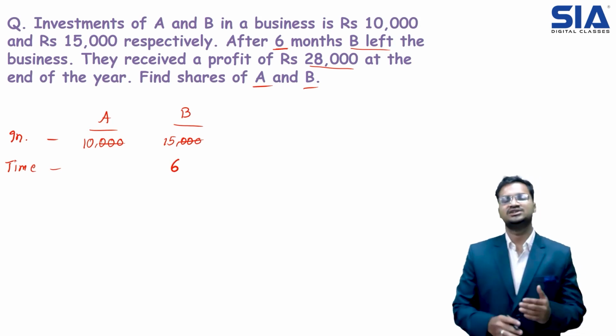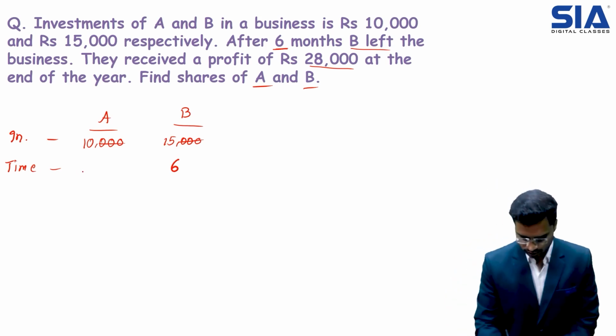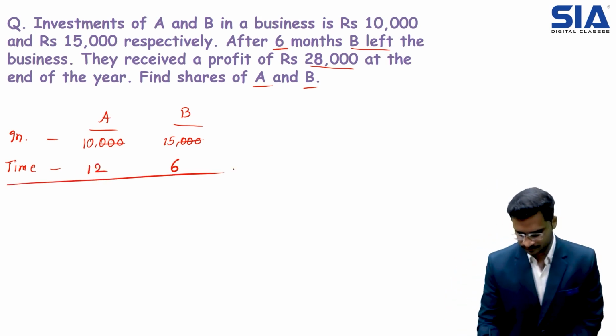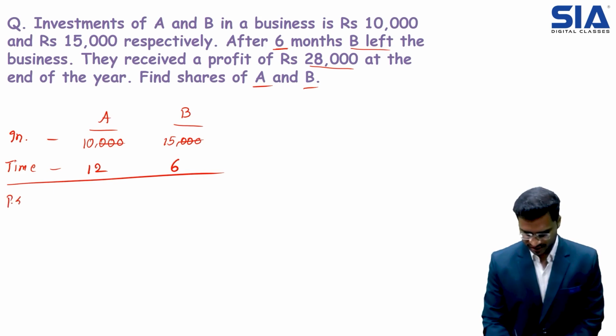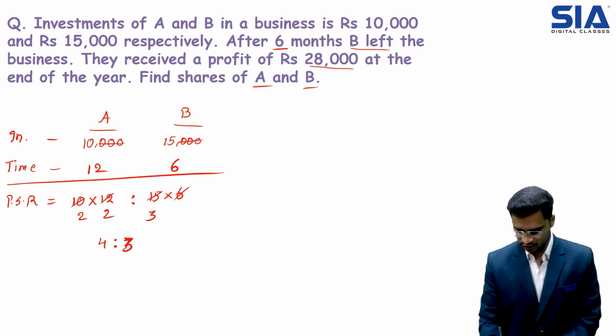There is no data given regarding A because A is staying in the business for the entire year, so this is 12. Now profit sharing ratio is 10 multiplied by 12 ratio 15 multiplied by 6. 6 ones, 6 twos, 5 threes are 15, 5 twos are 10. So the profit sharing ratio is 4 ratio 3.